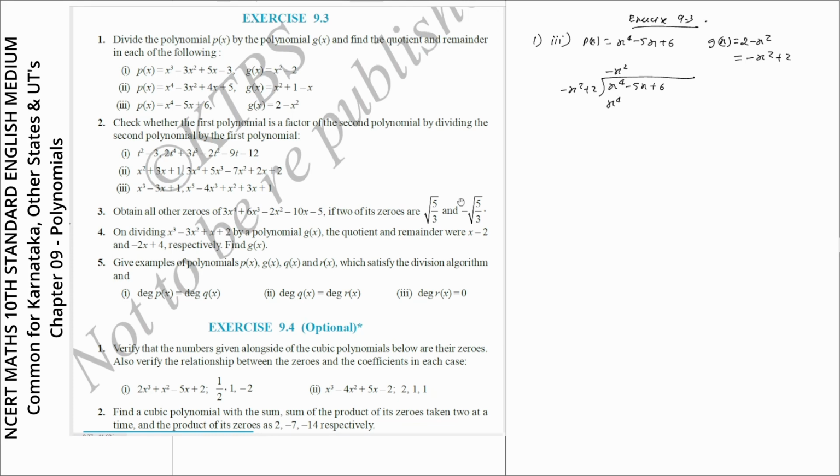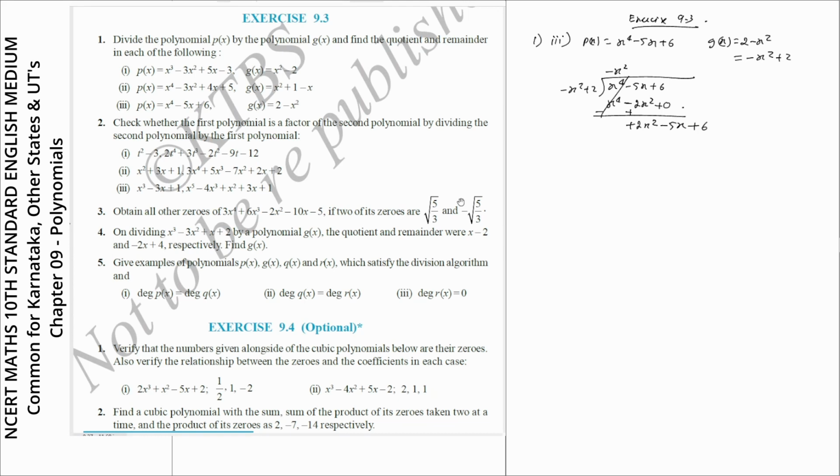Now plus 2x into minus x square is minus 2x square. So here I'll write 0. So minus plus, okay, these two I can cancel. Now you should be very careful. You should add or subtract only the like terms. Unlike terms you can't do. So here 2x square remains as it is, plus 2x square, then minus 5x remains as it is, then plus 6.